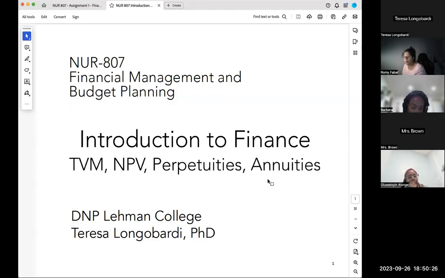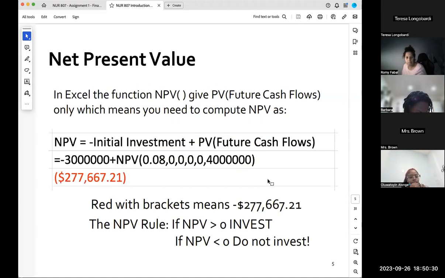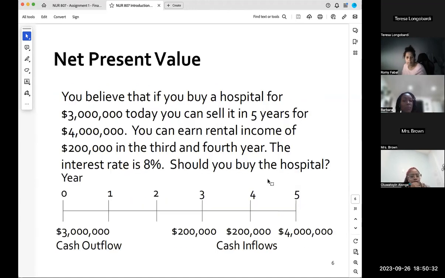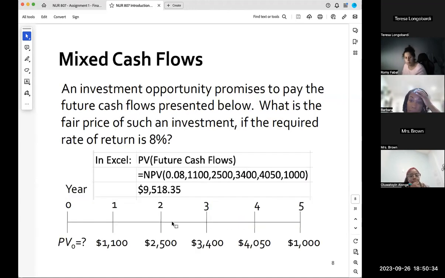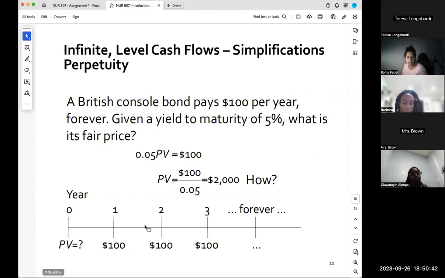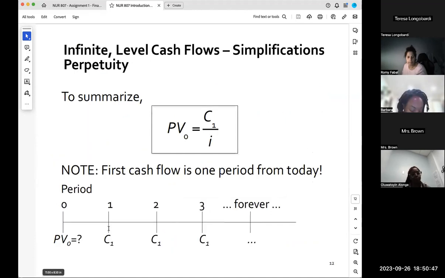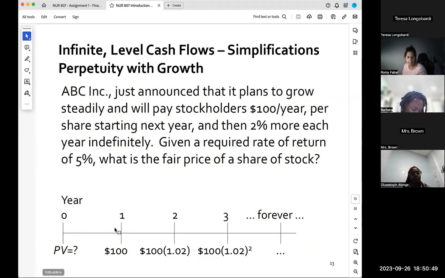Okay, so in these notes here, all the formulas that I use, the first cash flow is always one period away. You see? It's always one period away. All of them.